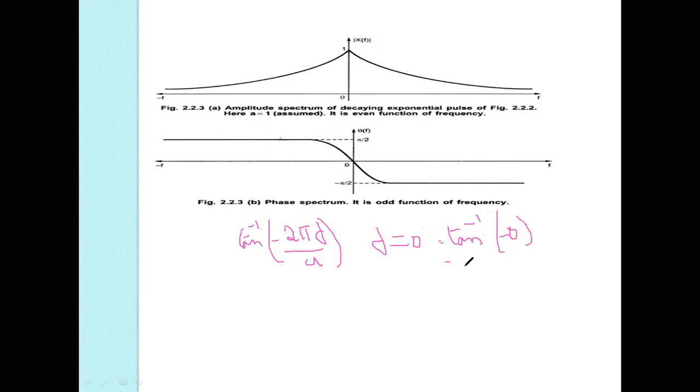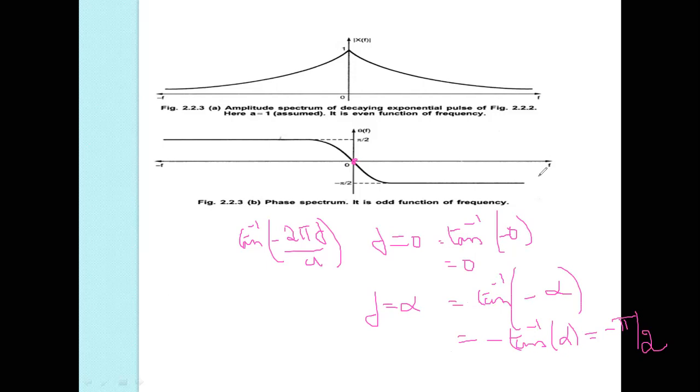Tan inverse 0 is 0 degrees here. See, at 0 it is 0 degrees. Now if I am taking f is equal to infinite, f equal to infinite means tan inverse of minus infinite, since the minus is already there. Tan inverse minus infinite, minus tan inverse infinite, this becomes minus pi by 2.